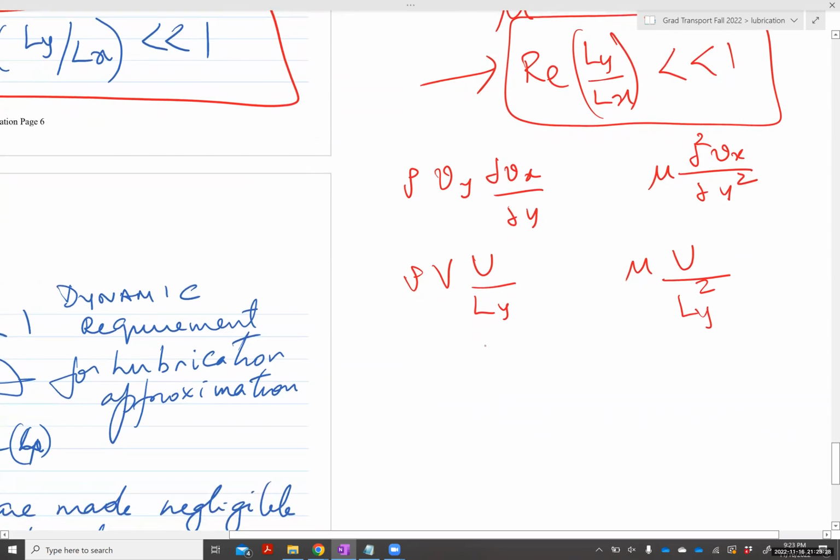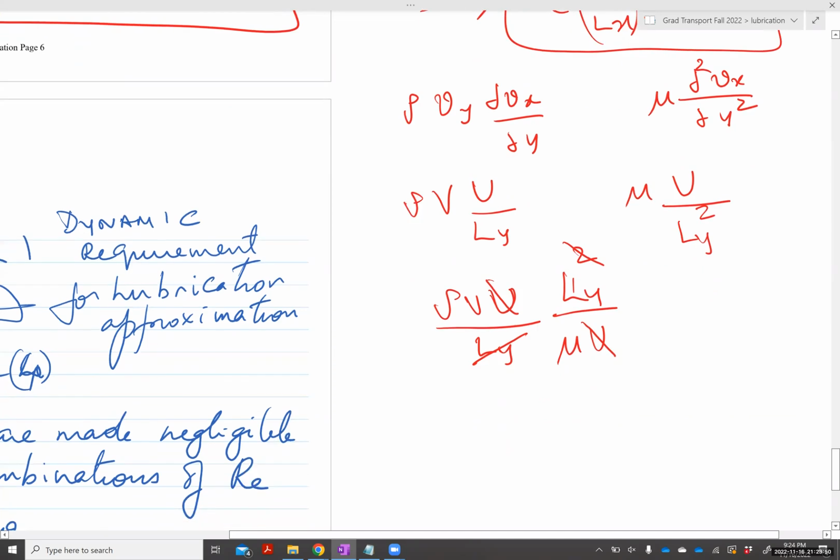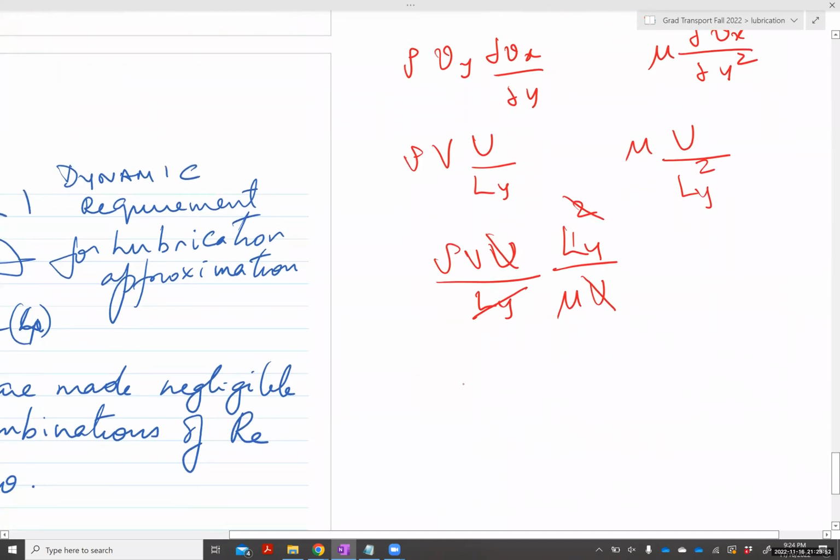Let's divide the two. I'm going to get rho V u divided by Ly times 1 divided by mu u over Ly squared. So I have rho V Ly over mu.